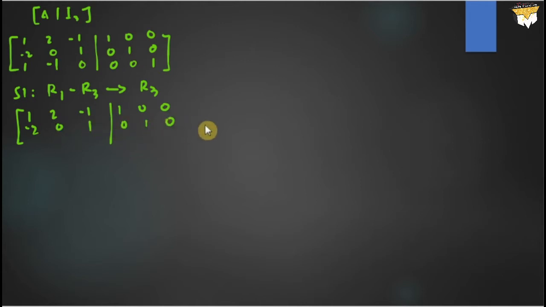So, pag pinalitan natin, di ba i-operate natin? Let's say we operate. Ito yung operation natin. Pakita natin dito. We have row 1. Row 1 is 1, 2, negative 1. Then 1, 0, 0. Then yung row 3 natin ay 1.